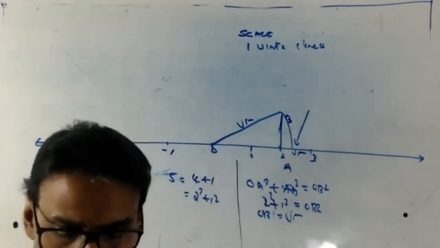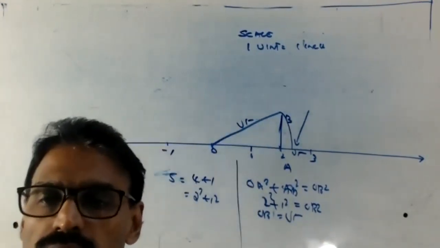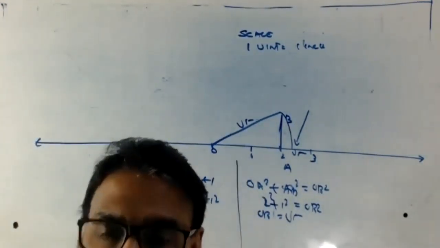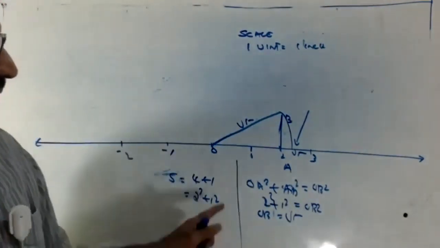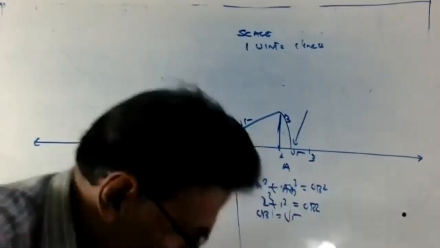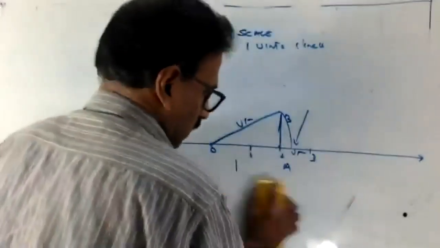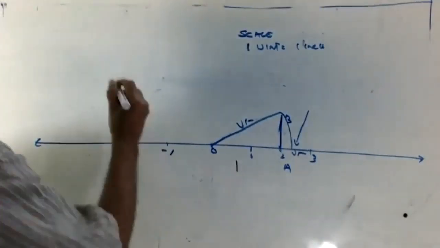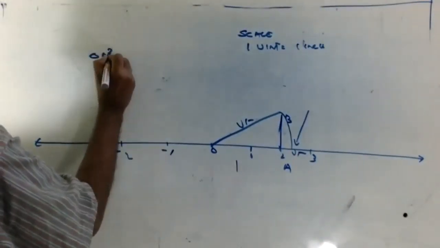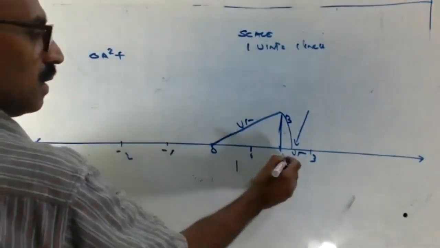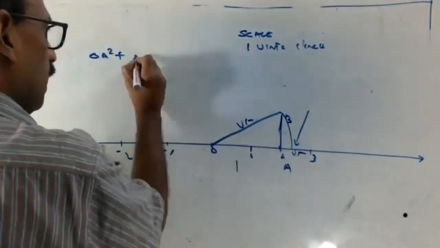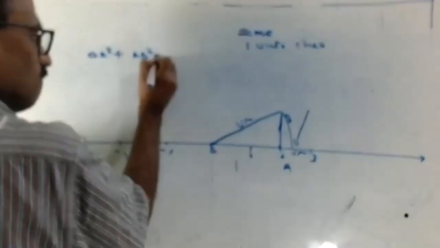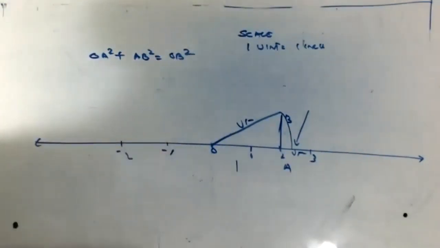Okay. So conclusion again. Conclusion means I told you, no? The justification is this. Look. Justification is OA square plus AB square equal to OB square.